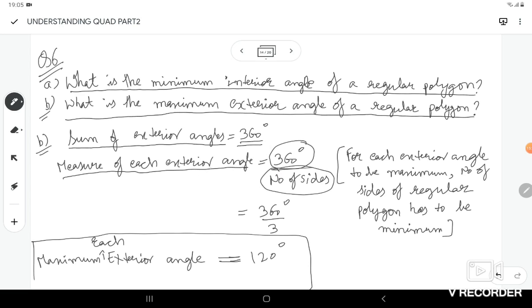Now we have to find this exterior angle as maximum, so the denominator, that is the number of sides, should be minimum, and we know that the minimum number of sides a regular polygon can have is 3, that is in case of a triangle. So we put the number of sides equal to 3. So 360 divided by 3 comes out to be equal to 120 degrees. So the maximum each exterior angle of a regular polygon can be is 120 degree.